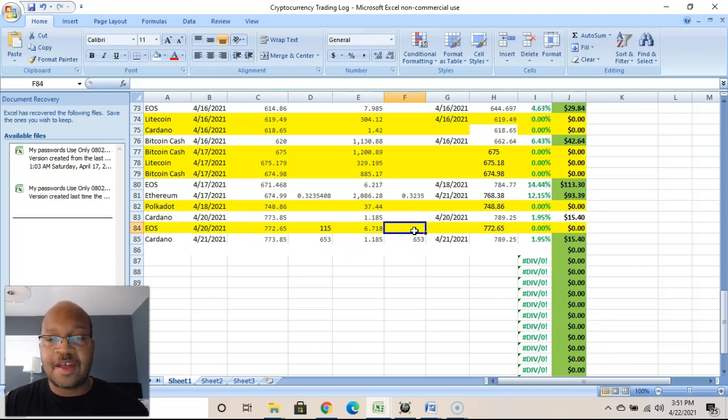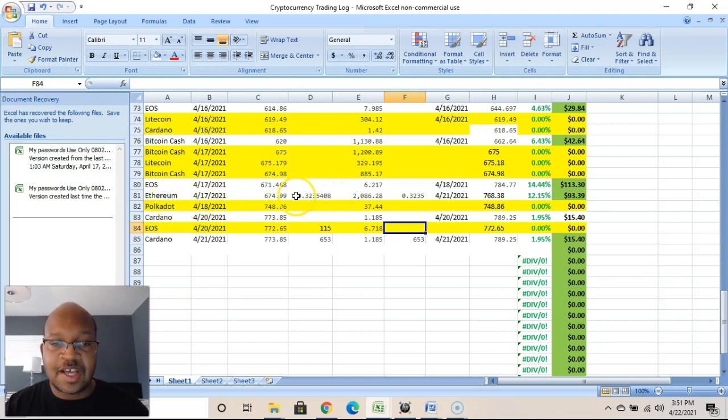And the reason I do that is because I want to make sure it's the same as the buy volume so that I'm crediting the proper sale to the proper order and I don't mix it up. And this is helpful if you're in multiple positions of the same coin. As an example, I was in Ethereum twice. I mentioned that before.